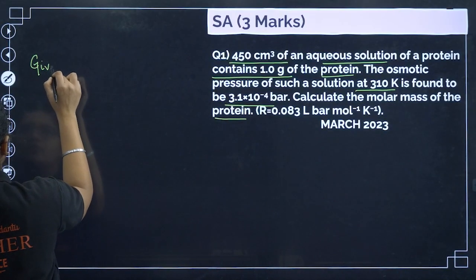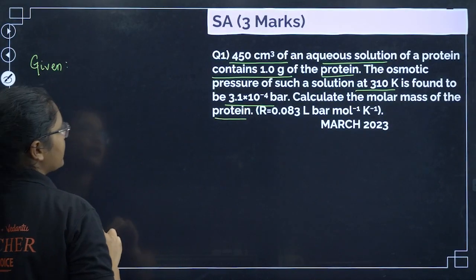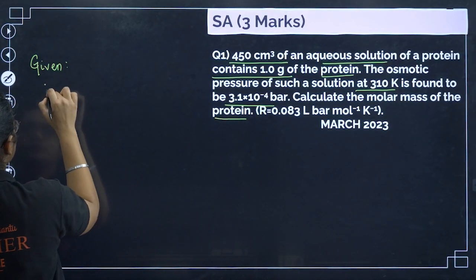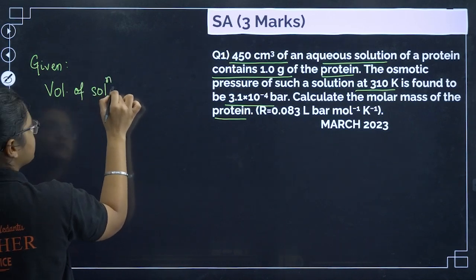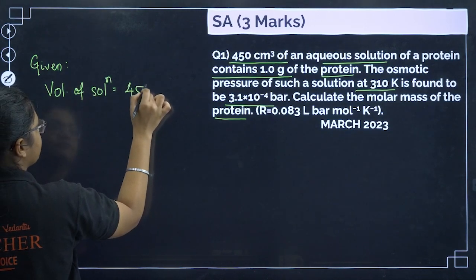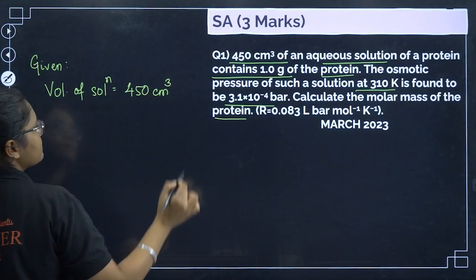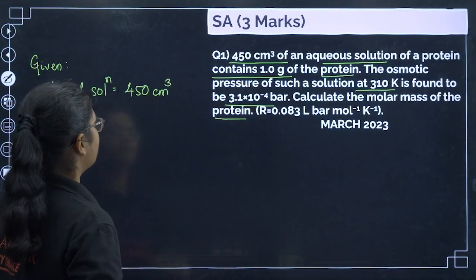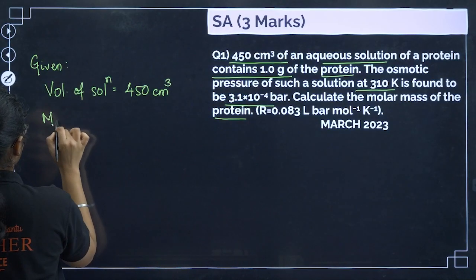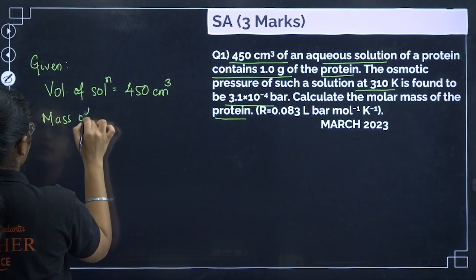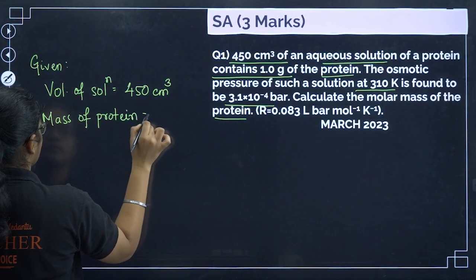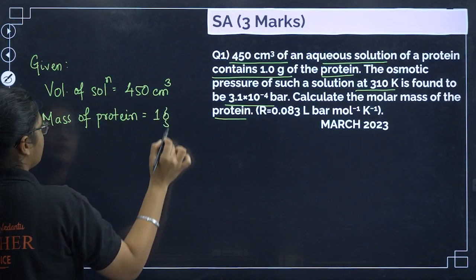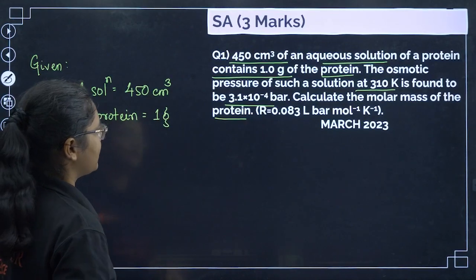So first let us write down how to proceed with the question. I'll tell you, you should always write the given values first. Okay. So what is the volume of the solution? Volume of the solution is 450 centimeter cube. Next we have 1 gram of protein. What is the mass of protein? Mass of protein we have is 1 gram, right? Okay. Next we have osmotic pressure.